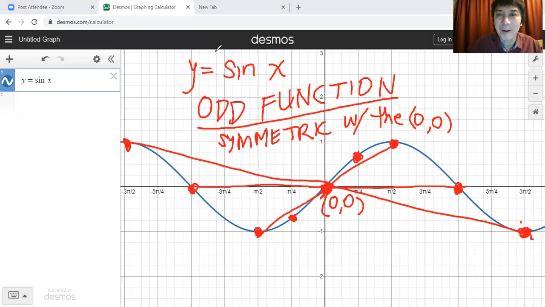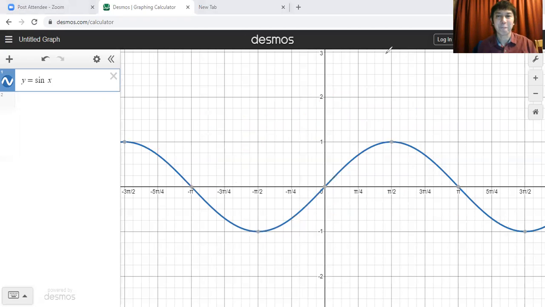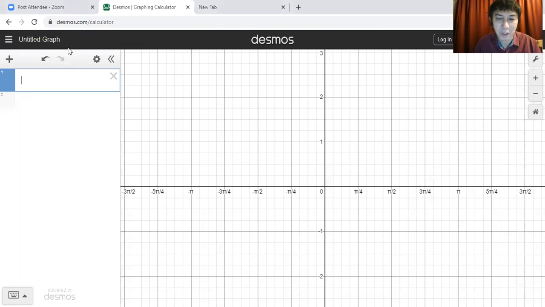I hope I was able to explain the difference. So let me clear the screen. The cosine starts with a maximum. Why? Because the input, if you consider the manual graph that we did, starting with 0 and then using cosine 0, there's the point.